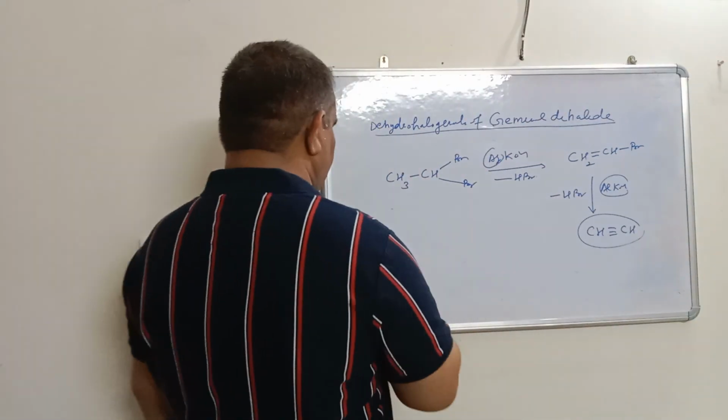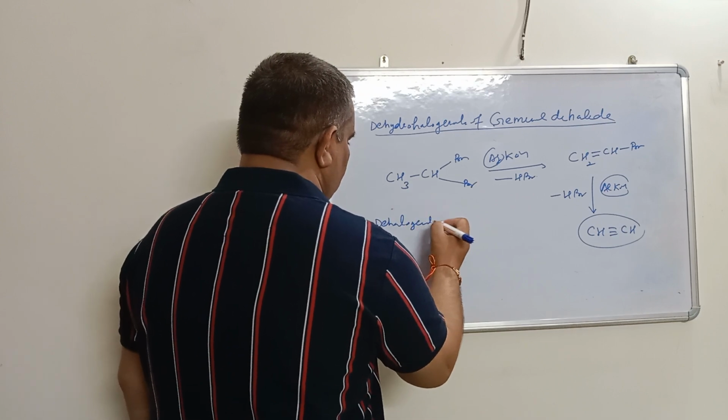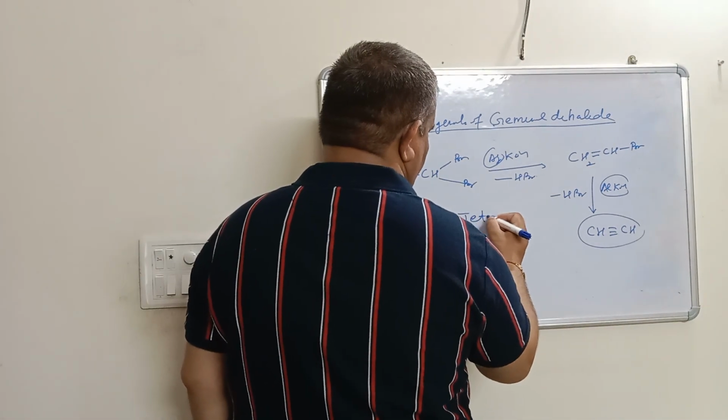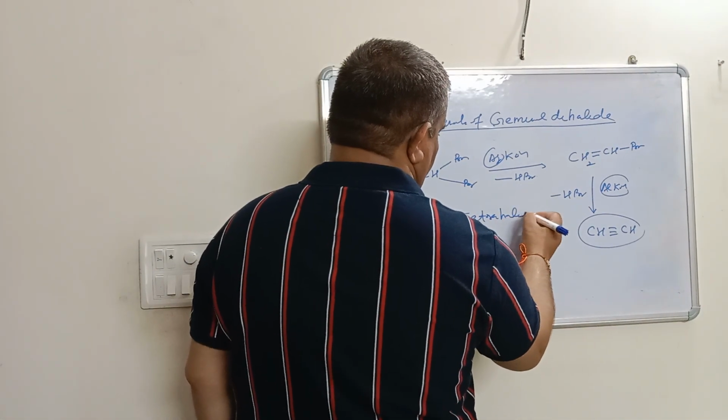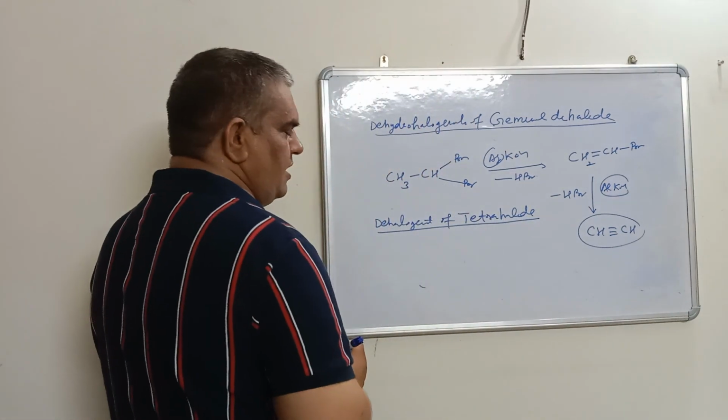Next method is dehalogenation of tetrahalides. Dehalogenation means removal of the halogen.